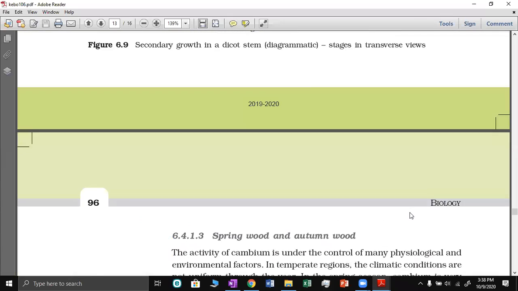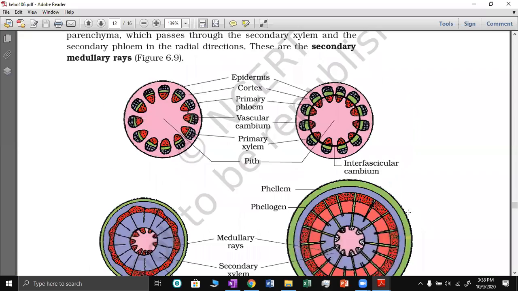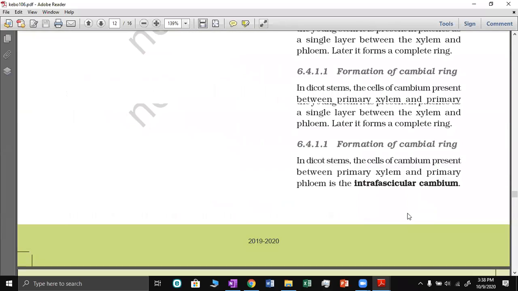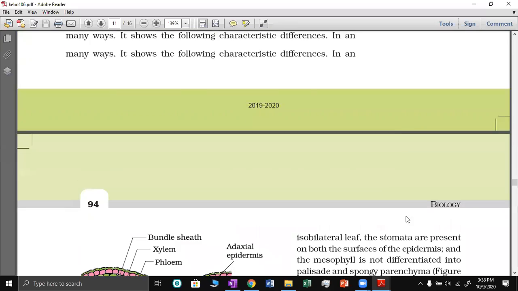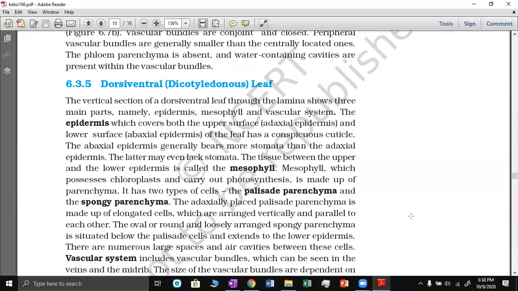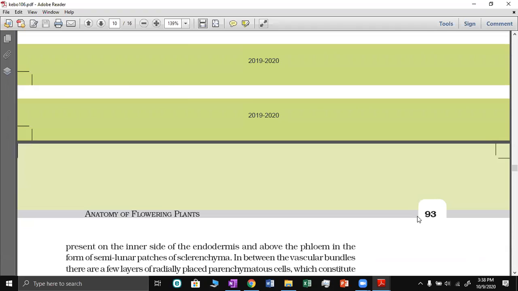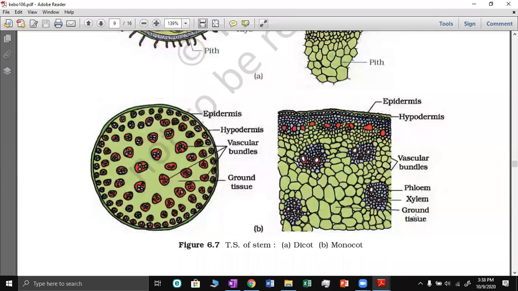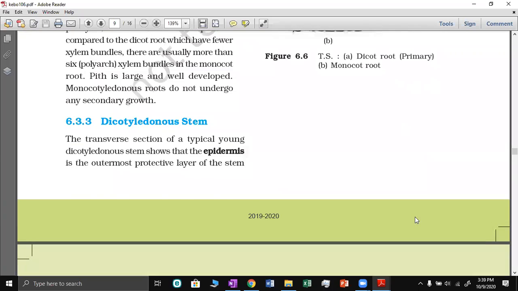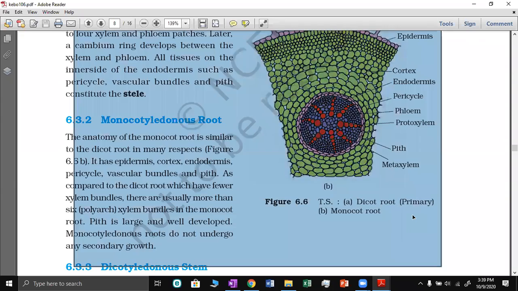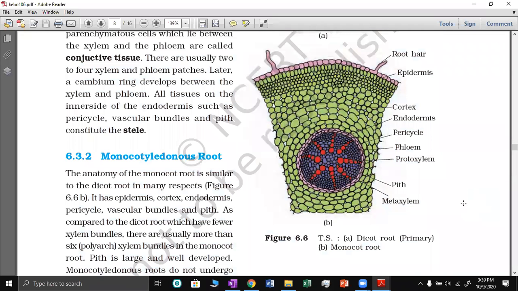You can see your book pages coming on the screen. This is the transverse section of the root.